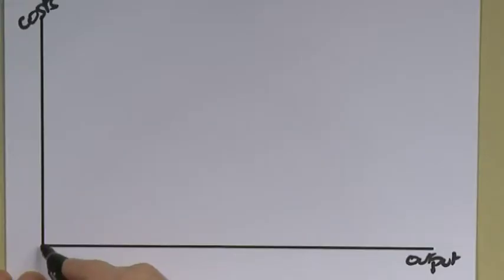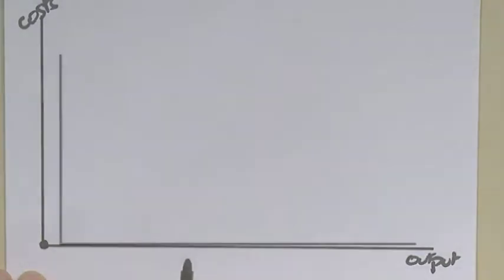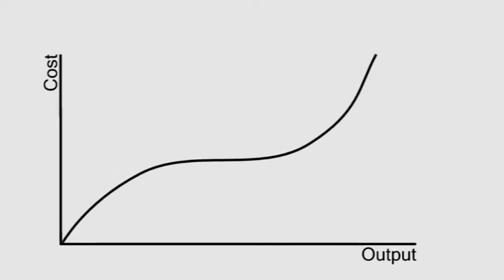Now, if you've understood that, we can now look at the diagram and see the relationship between output and variable costs. At zero output, we have zero variable costs. As we increase output, costs rise, but at first they rise relatively slowly.